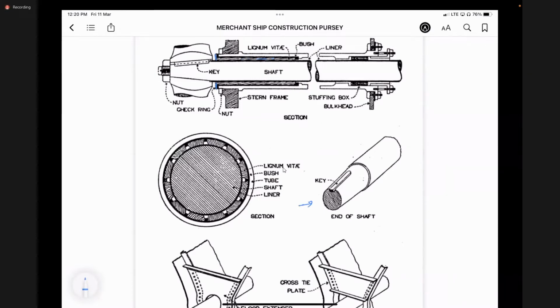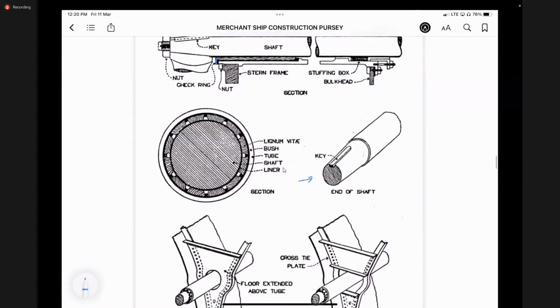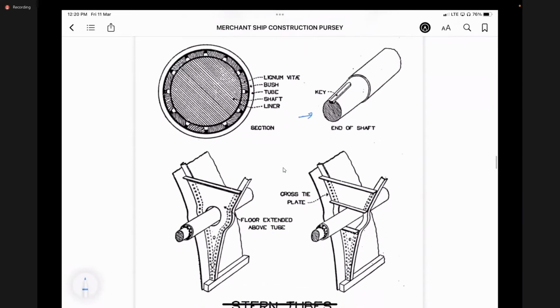So the hub gets connected to this, and the turning moment is passed on through the key to the shaft and to the ship. That is how it was. But there are key type propellers and keyless propellers. That means we don't require a key to lock the propeller onto the shaft.